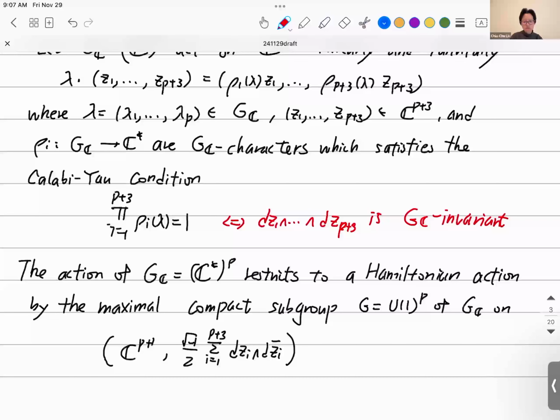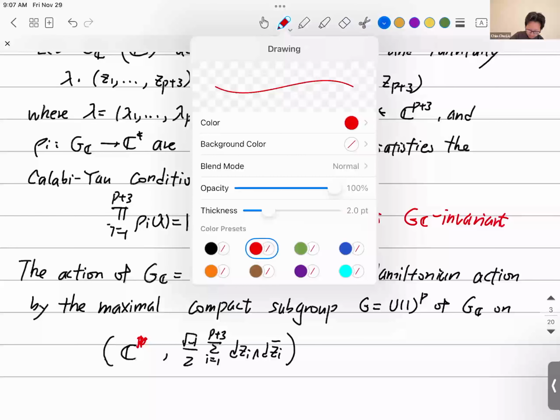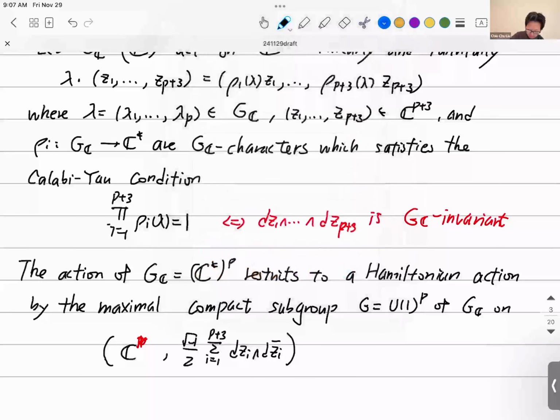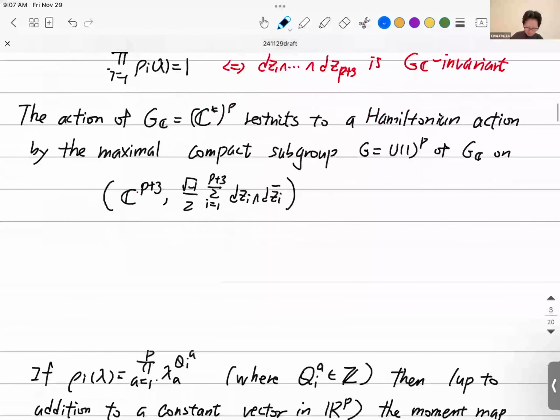So observe that the action of this complex algebraic torus restricts to a Hamiltonian action by the maximal compact subgroup, with respect to the standard symplectic structure on C^(p+3), this symplectic form.